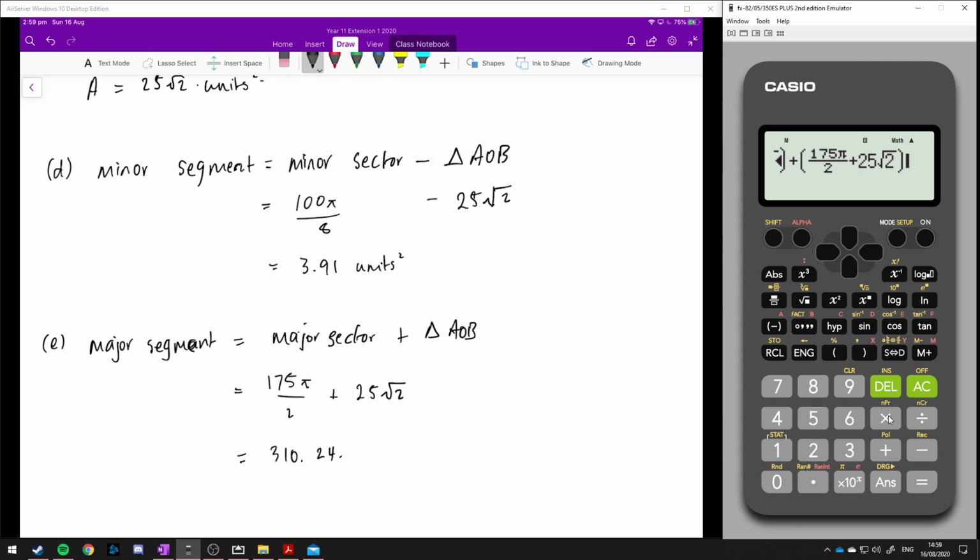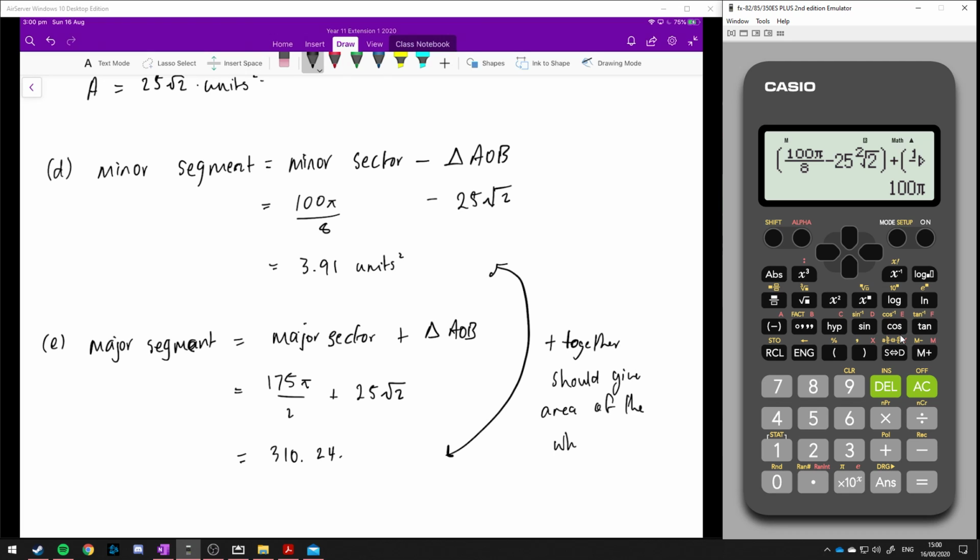So this should be equal to 100 pi, and yes it is. So just to double check, these two added together should give the area of the whole circle.